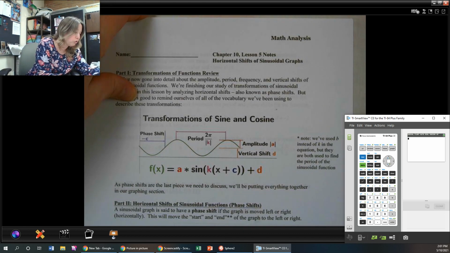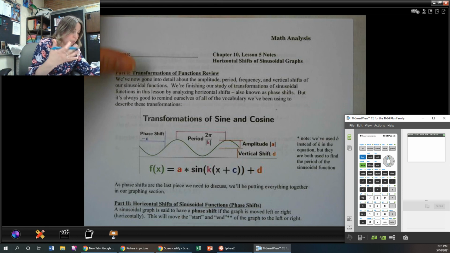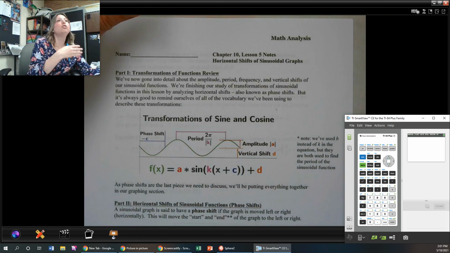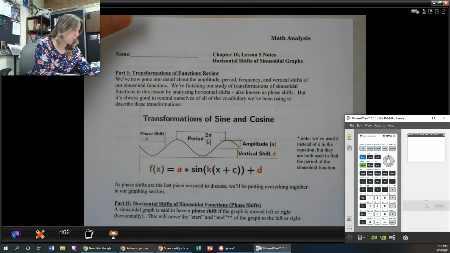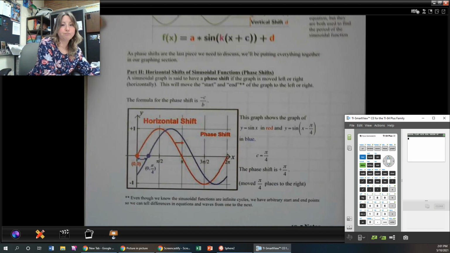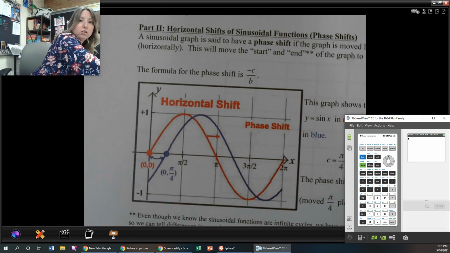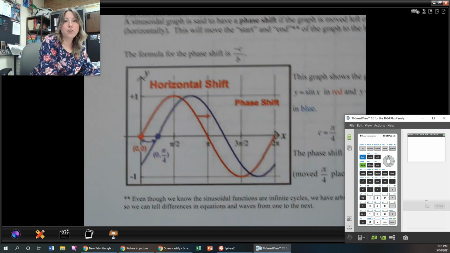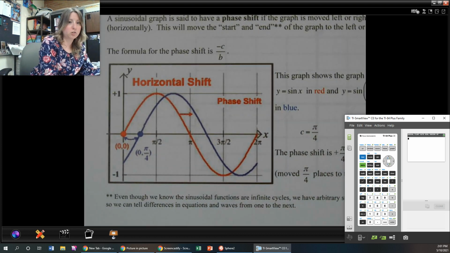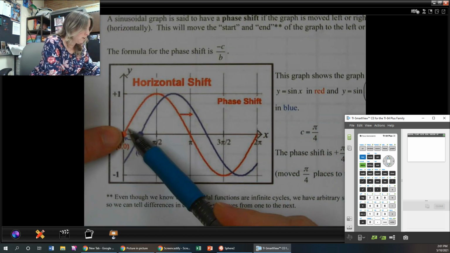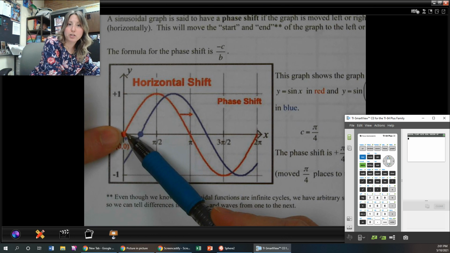Let me just show you a phase shift going to the right 45 degrees. Down here is a picture of a phase shift, of a horizontal shift. Normally, my cosine curve would be starting here.